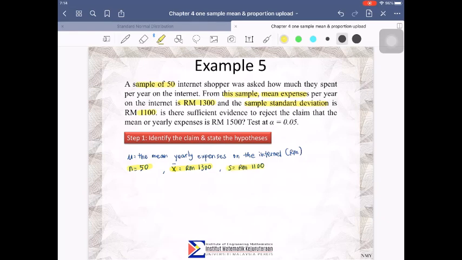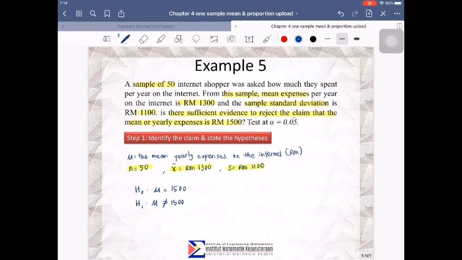We want to see whether there is sufficient evidence to reject the claim that the mean yearly expenses is 1,500. Our null hypothesis will be mu equal to 1,500. H1, the alternative hypothesis, mu will not equal 1,500.